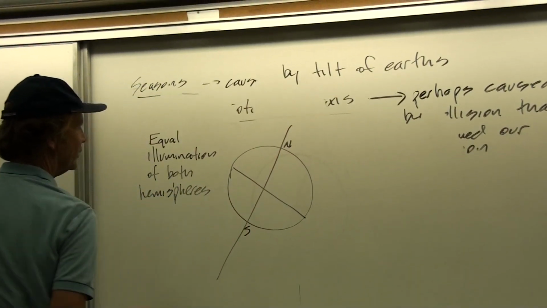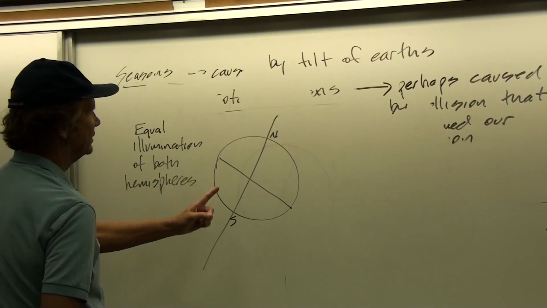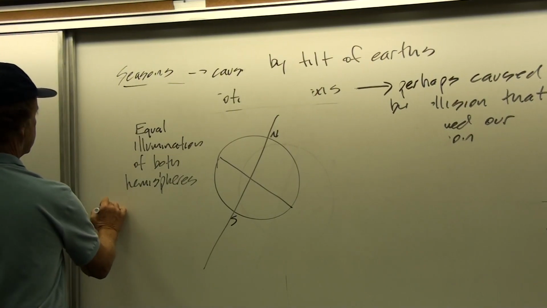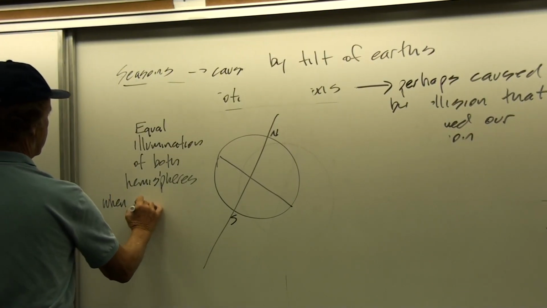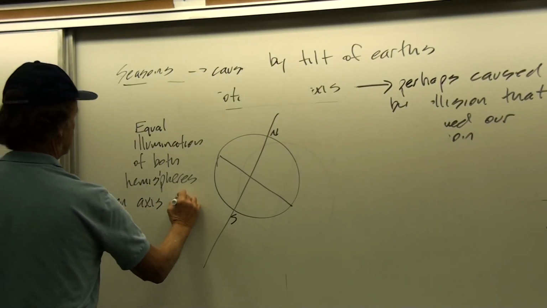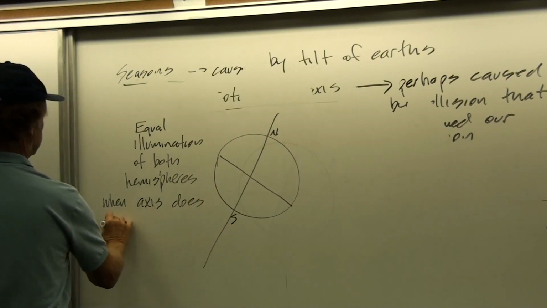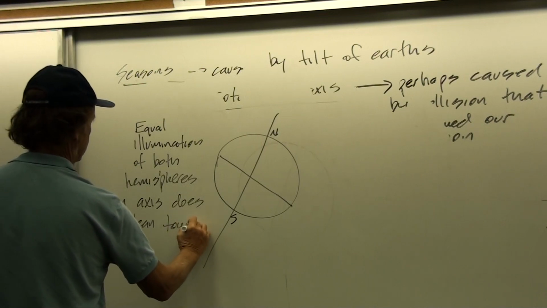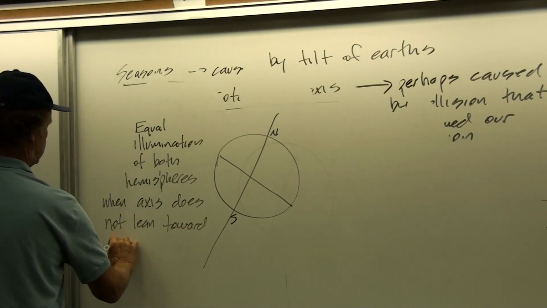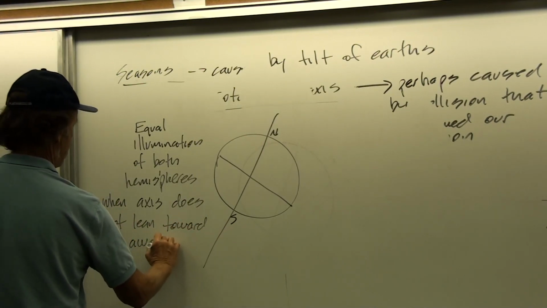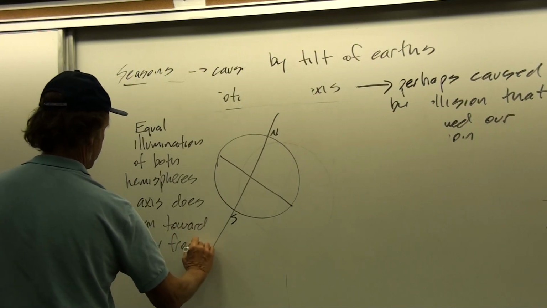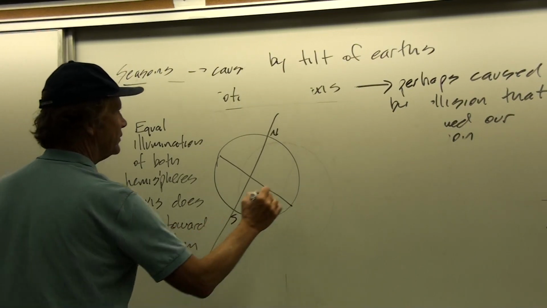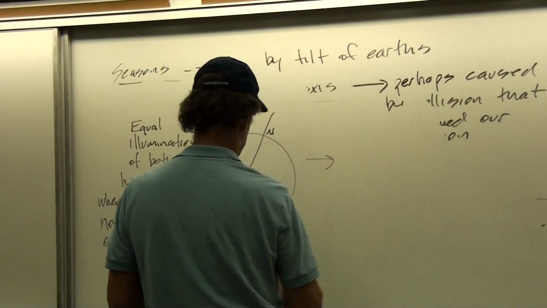When the Earth's axis is sideways, it doesn't lean toward or away from the sun. So these are called the equinoxes when this happens.